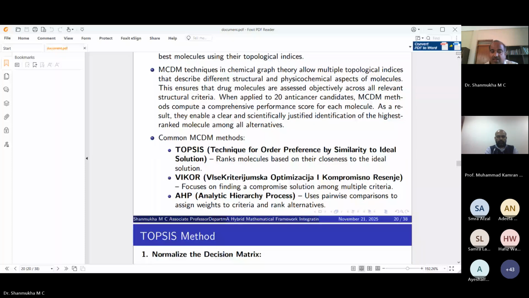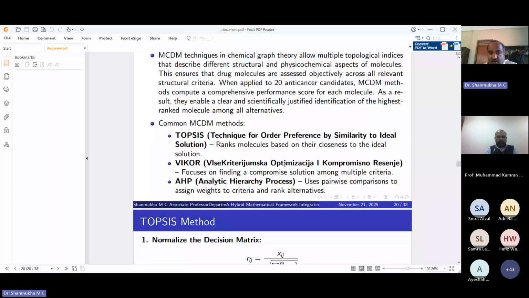So, commonly used MCDM methods are TOPSIS, VIKOR, and AHP. TOPSIS means technique for order preference by similarity to ideal solution. Usually, TOPSIS ranks molecules based on their closeness to the ideal solution.